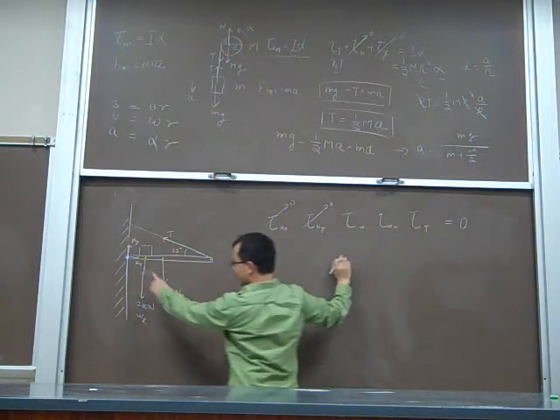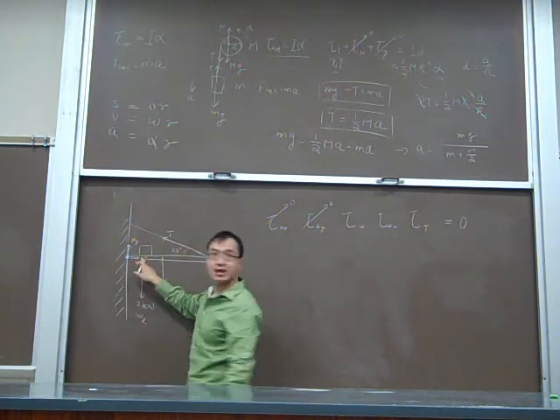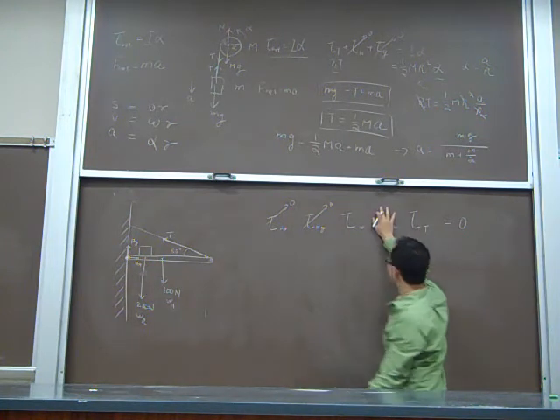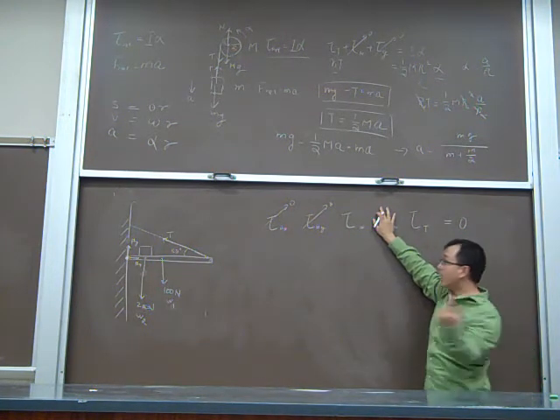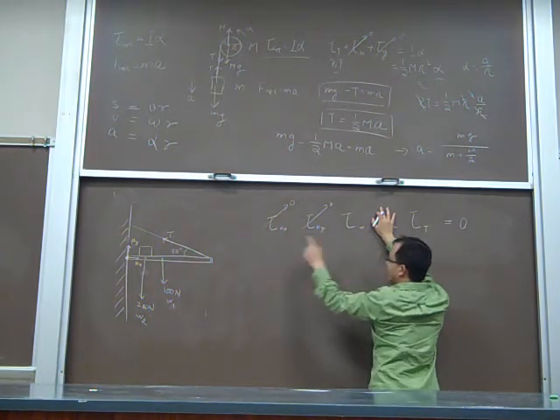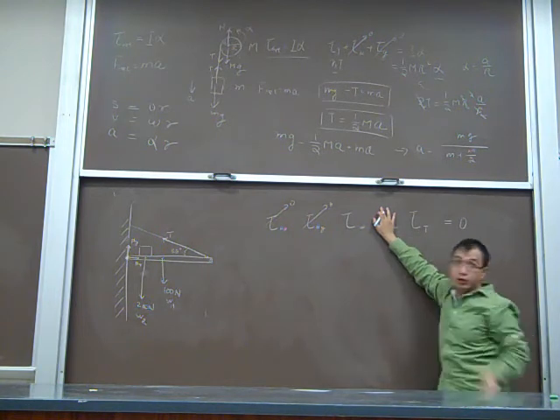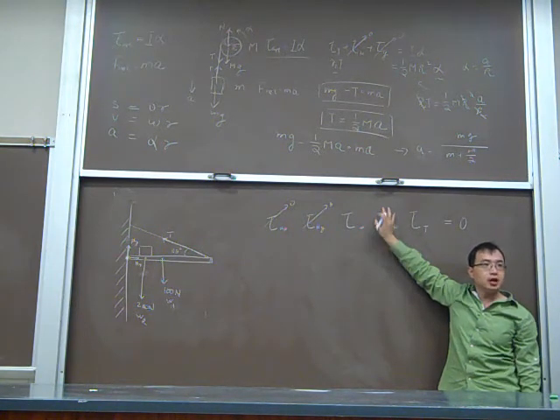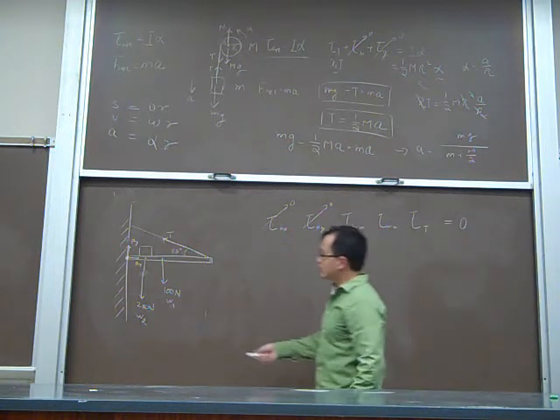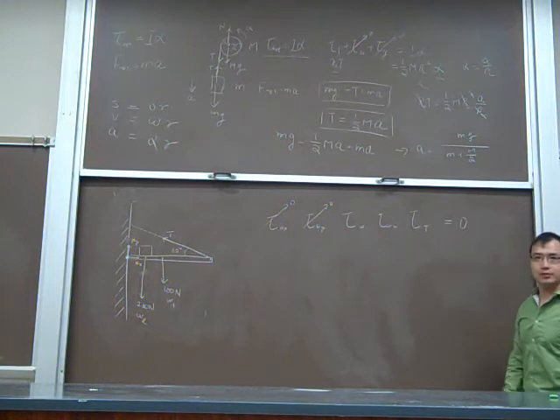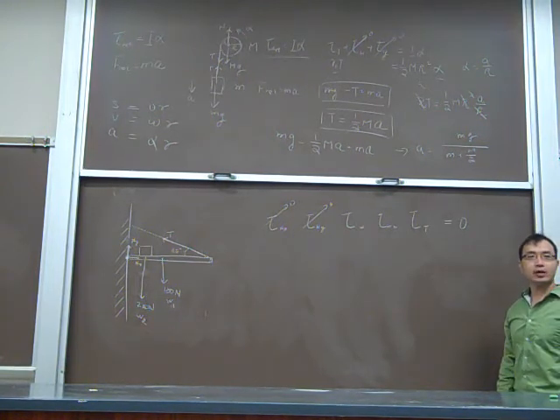Or if you choose this one as your rotational center, then this term will be 0. Now you have this term, this term, this term, this term, but you have 3 unknown quantities. Again, you cannot solve it by itself. So you can see this choice will simplify your problem a lot. Any question here?